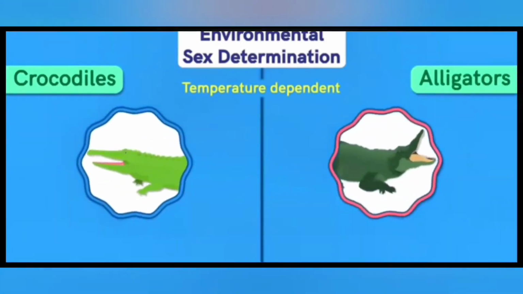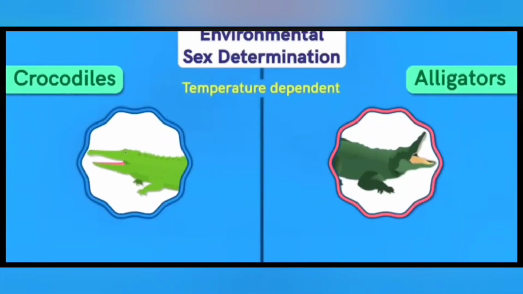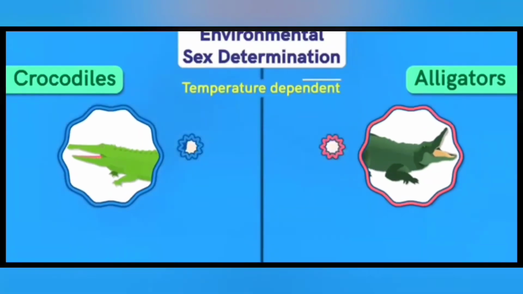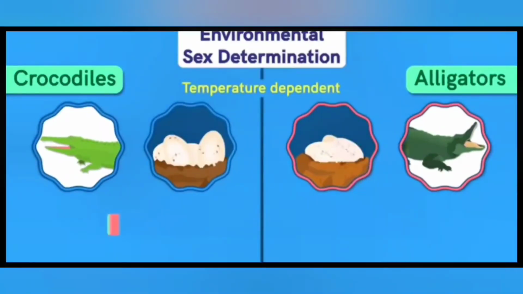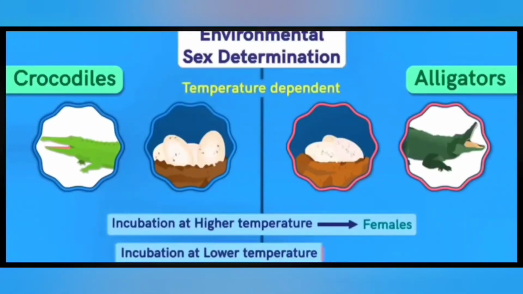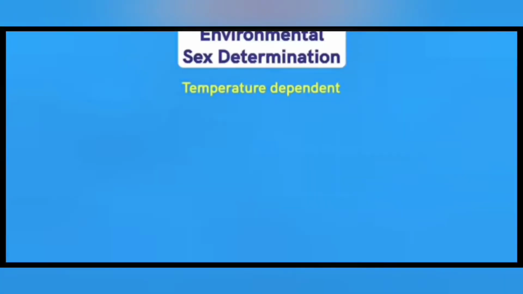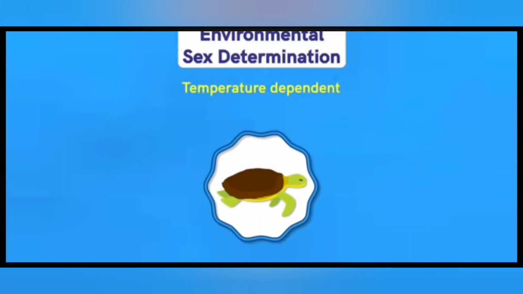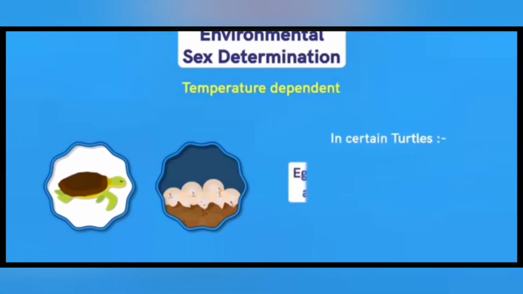So, in case of crocodiles, alligators, if the eggs are incubated at high temperatures, generally the eggs produce the females, whereas when they are incubated at low temperature, they will produce the males.